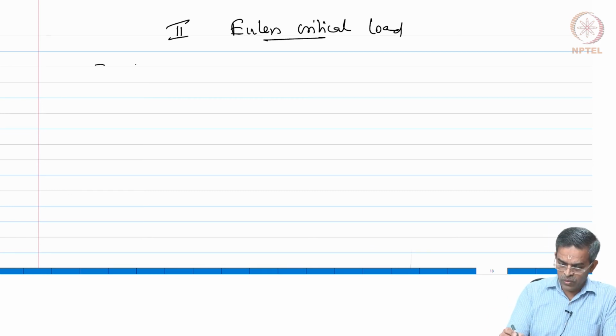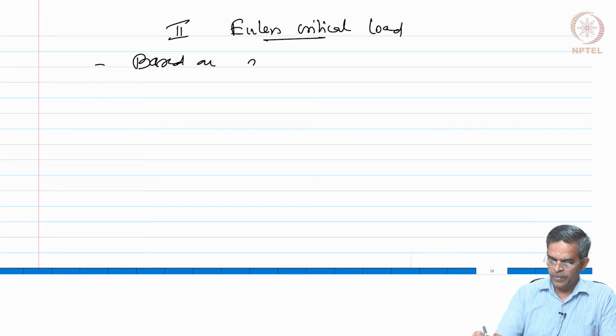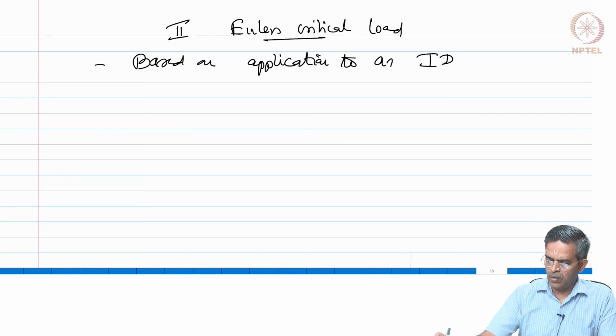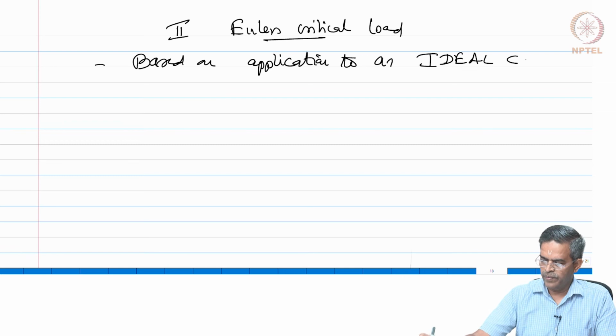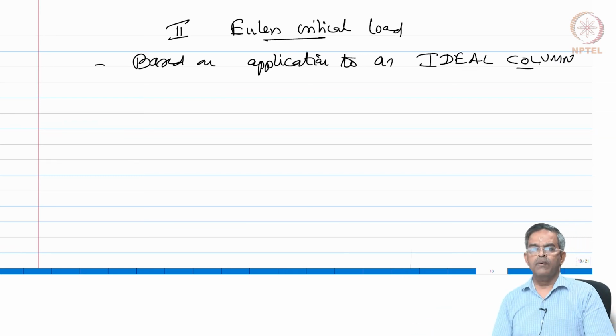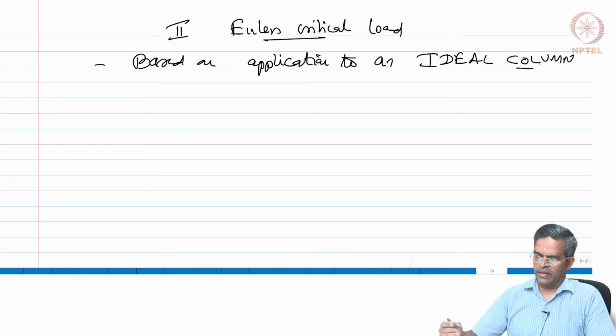Euler's critical load is based on application to an ideal column. So, here we are talking about a compression member which is axially loaded and the column is ideal. Let us say how an ideal column looks like.